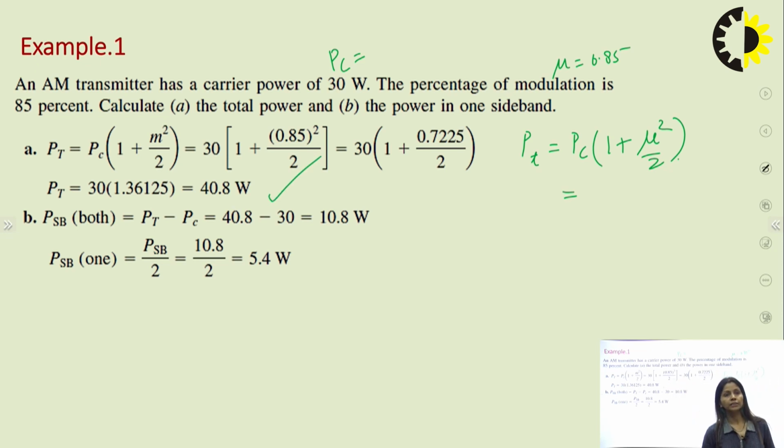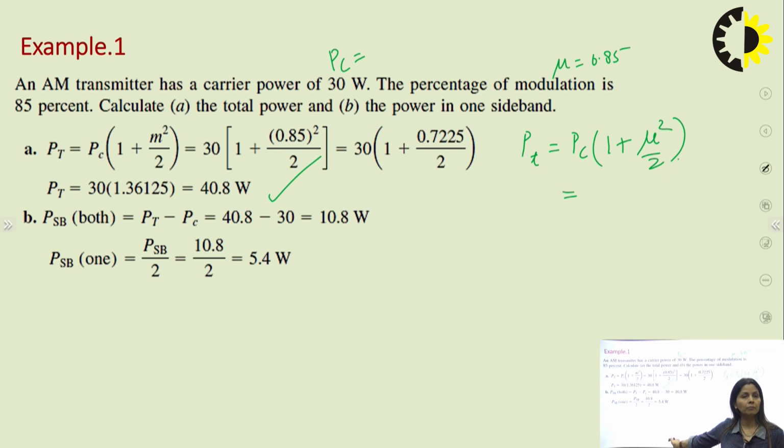The next question asked in the numerical is to calculate the power of USB and the power of LSB. So here, for the power of USB and the power of LSB, the total power I have, minus the carrier power I have, whatever power is left, that will be divided between USB and LSB.